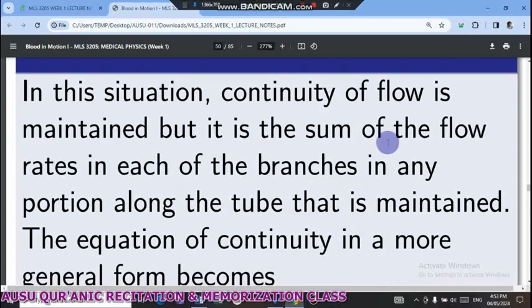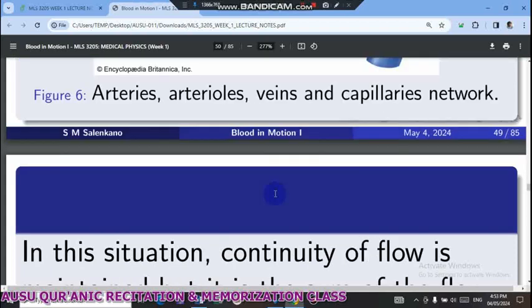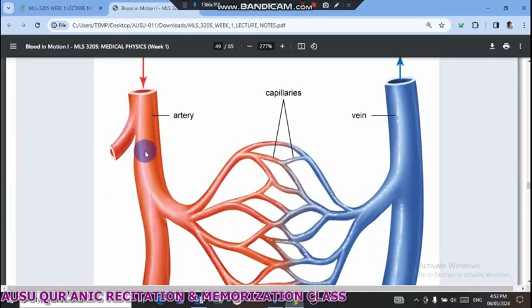They say in this situation, continuity of flow is maintained, but it is the sum of the flow rate in each of the branches in any portion along the tube that is maintained. Okay, let me explain that using the diagram. Let's say I have this one, it enters here. I have blood here. The flow rate that I have here is divided into 3 because of the branches that I have.